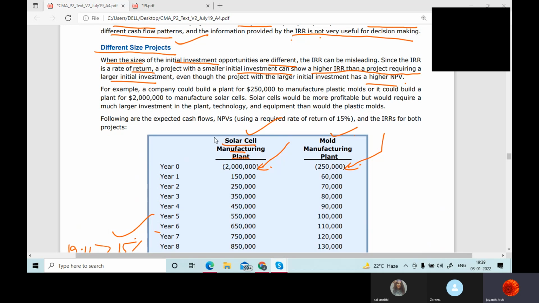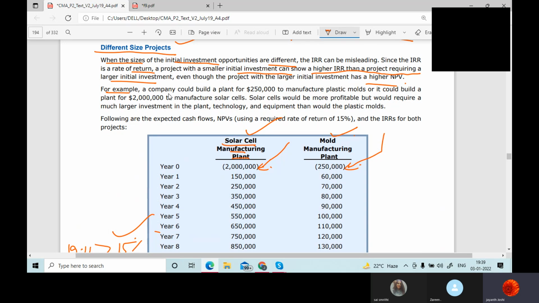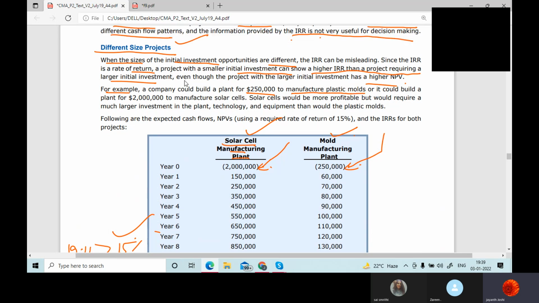So how would you do that? For example, a company could build a plant for this much dollars to manufacture plastic molds, or it could build this much dollar plant to manufacture solar cells. Either they can go for this or they can go for this. Solar cells would be more profitable but would require a much larger investment in plant, technology and equipment than the plastic molds.